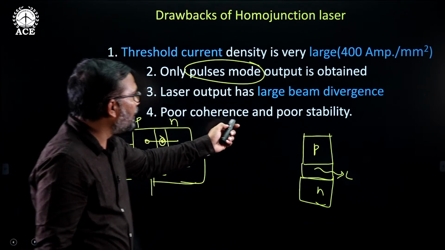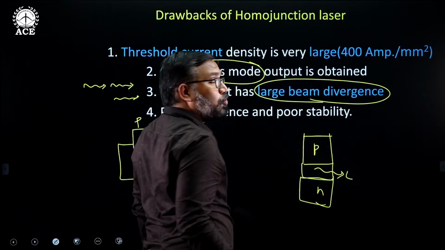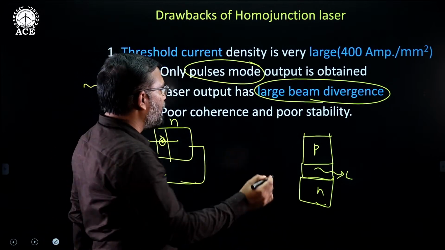The output laser beam has a large divergence. When you have more divergence, the power decreases.